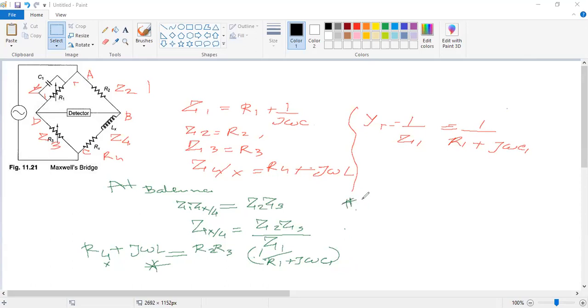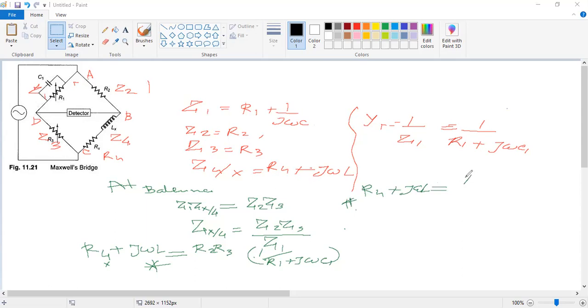Look here, it is coming Rx or R4, whatever you may say, plus j omega Lx, or normal L, whatever it may be.